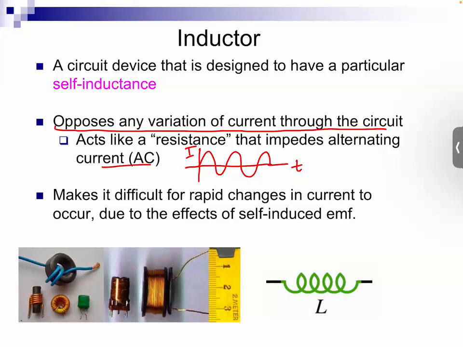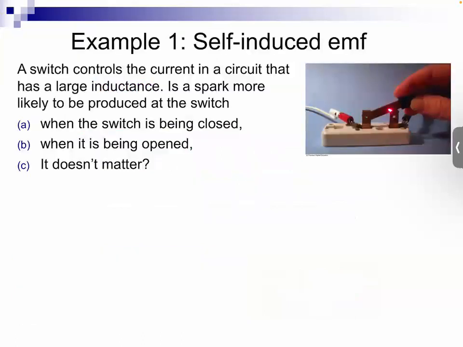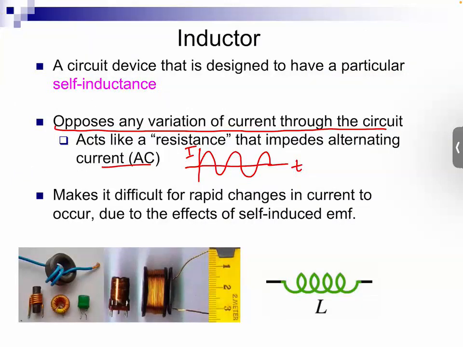So any sensitive equipment that is easily damaged by surges in current or surges in voltage will need to have an inductor in order to protect these circuit elements from any rapid changes in current. Does that sort of make sense? What an inductor is?